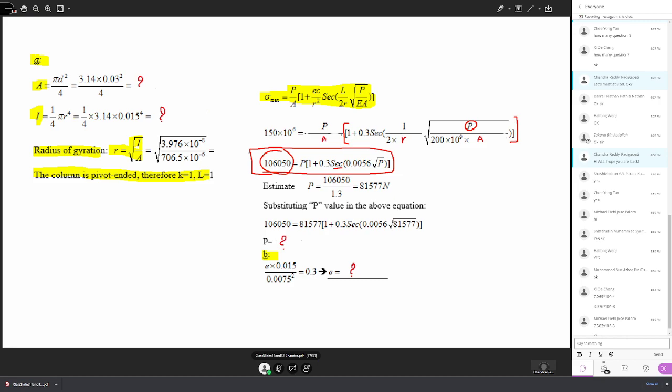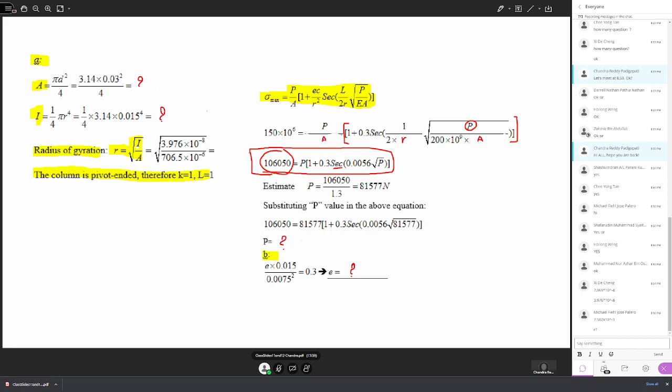Depending on whether your calculated value is less or more than this, you can revise the P value and recalculate. This way you do 2 or 3 iterations, and then you will be able to find a more suitable value.